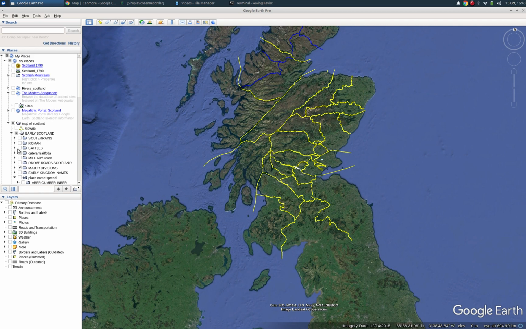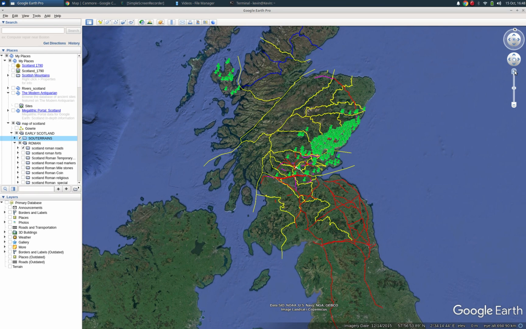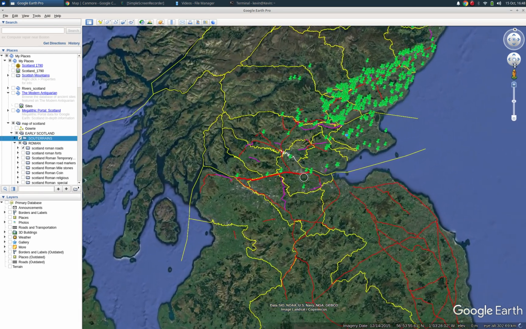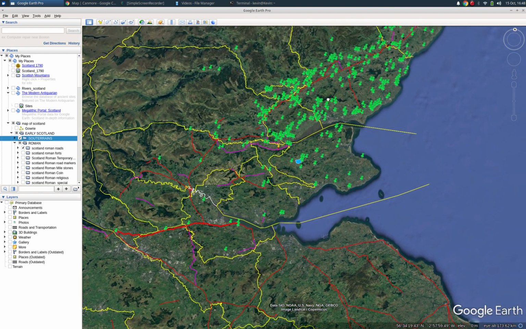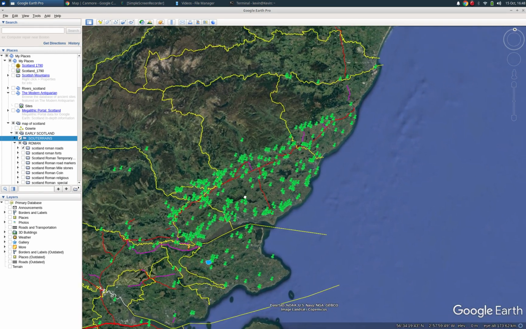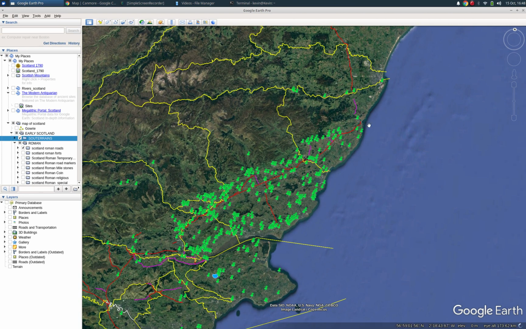So, for example, I can put back on the Roman roads, and then I can put in souterrains. Now, the souterrain is a sort of underground feature, which is prominent in many parts of Scotland. But what we do tend to see is that it's most prominent in this part of Scotland here.